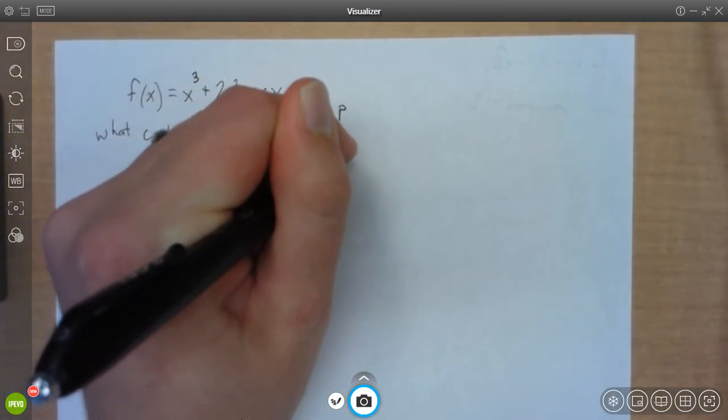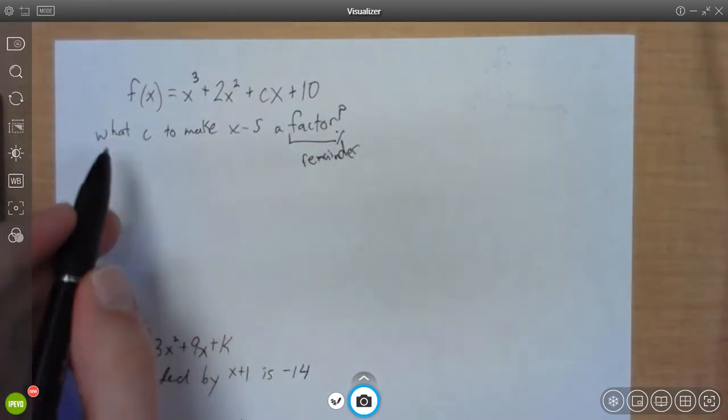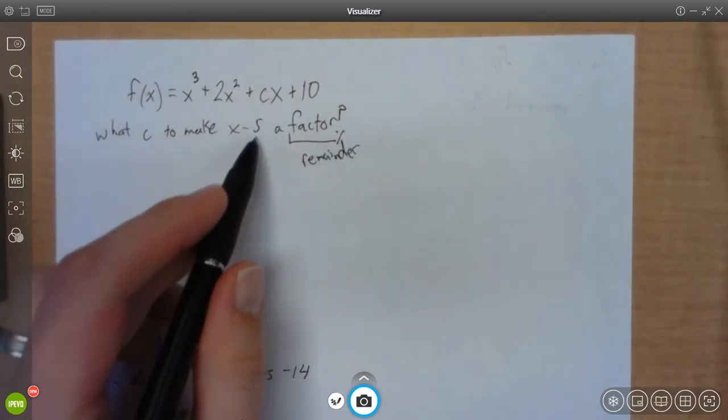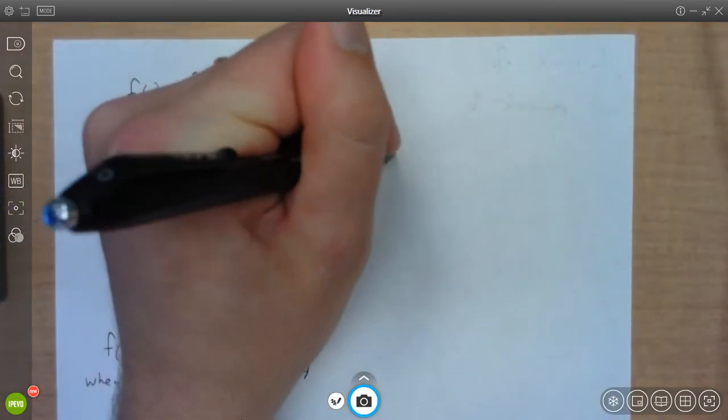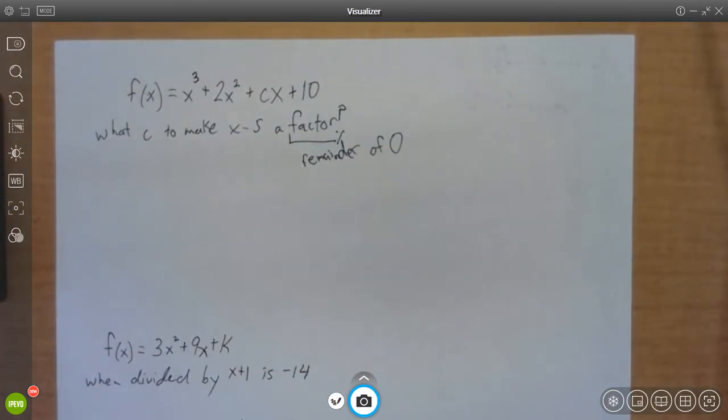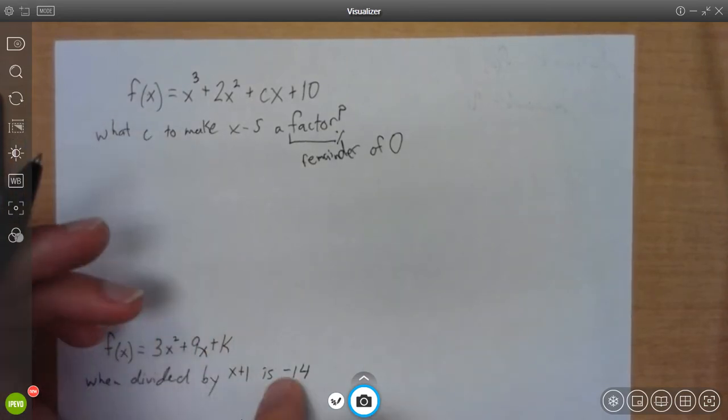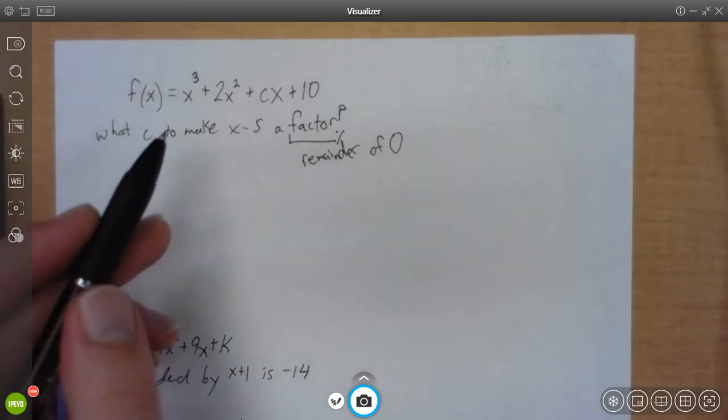We have to guess and check different values of c that we can put in to eventually divide out and have no remainder. Well, that could take a long time, so there's got to be some sort of easier way, unless we're really good at guessing. So we're going to use the factor theorem.